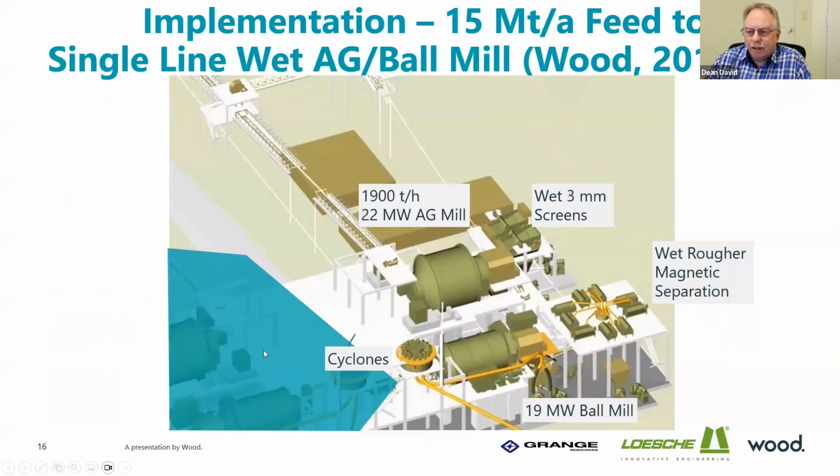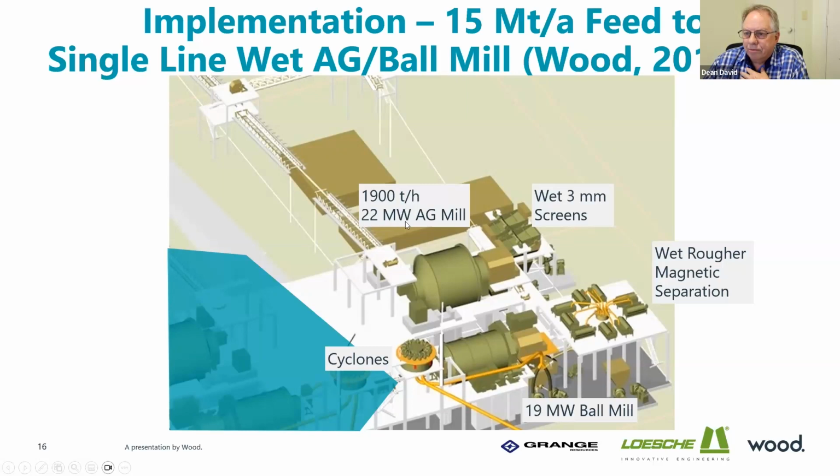Now, what that looks like in an operation is you would have an AG mill and a ball mill, which is a fairly common arrangement, except we have 3mm screens in the system, and everything coarser than 3mm goes back around and comes back to the AG mill. Everything finer goes to magnetic separation, and only the magnetics are put into the ball milling circuit.